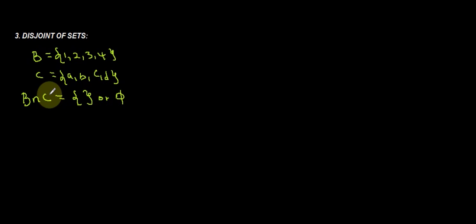An empty set is a null set, and is usually represented with two curly braces with nothing inside, or we use this other symbol phi to represent it. So disjoint of a set is also very easy to understand. When they have nothing in common, we call it the disjoint of two sets.